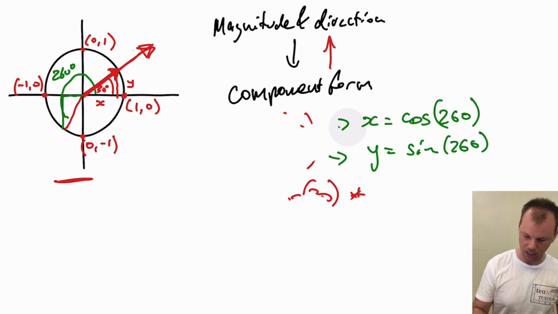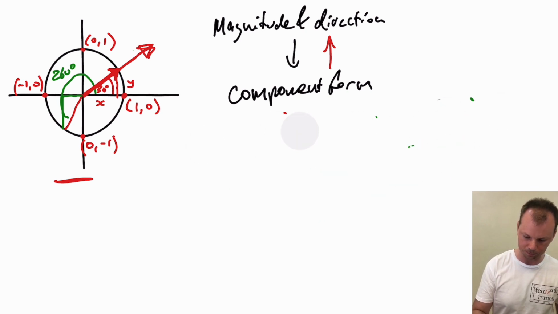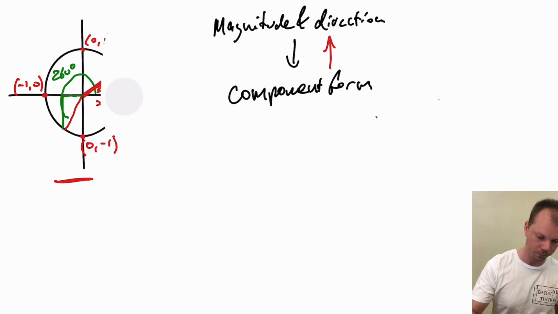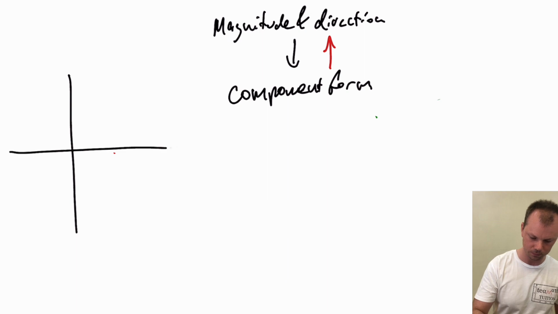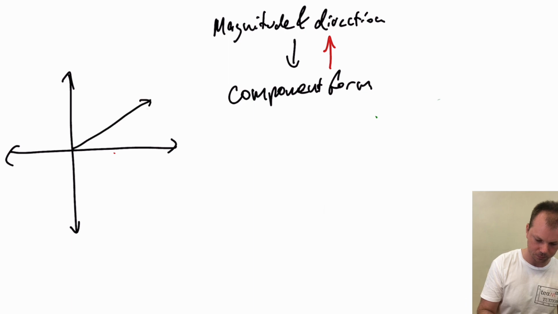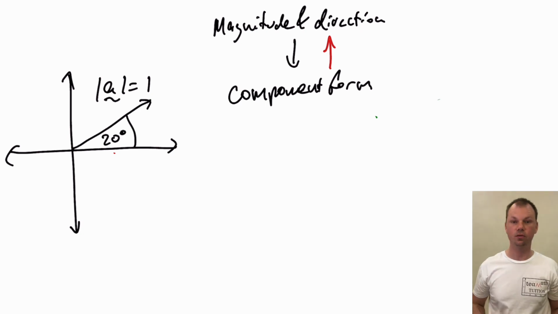So let's go through a couple of vector examples. If I was to have this vector, let's do it 1 unit in length. So let's say vector A has a magnitude of 1 and a 20-degree direction from the positive x-axis.